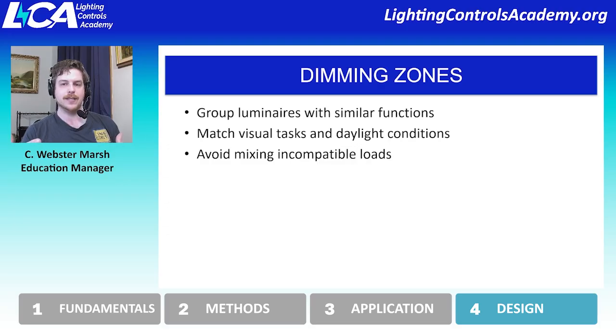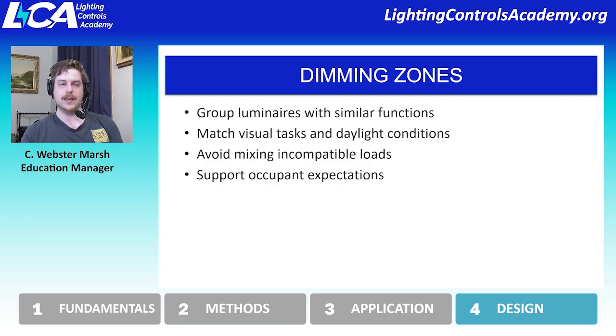You typically want to separate those out because odds are their dimming curves are going to be slightly different. Their intensity values are definitely going to be different. So mixing those together, you're just going to lock those into the same dimming, and that might not be what you want because of those variables.